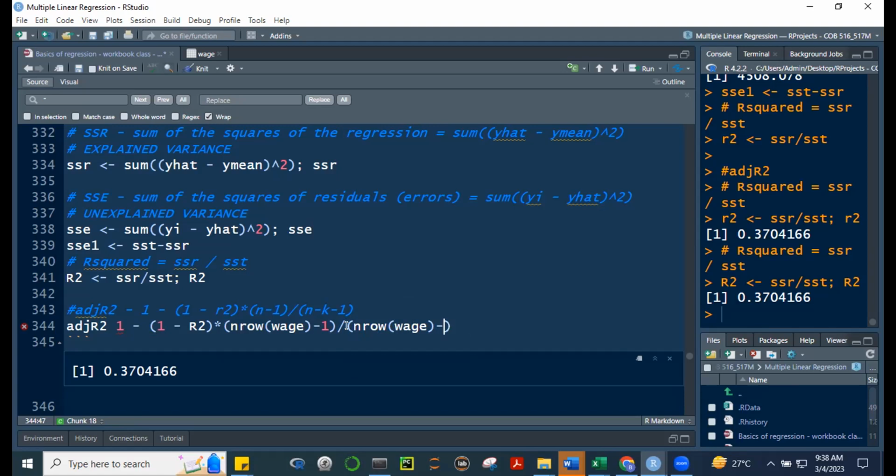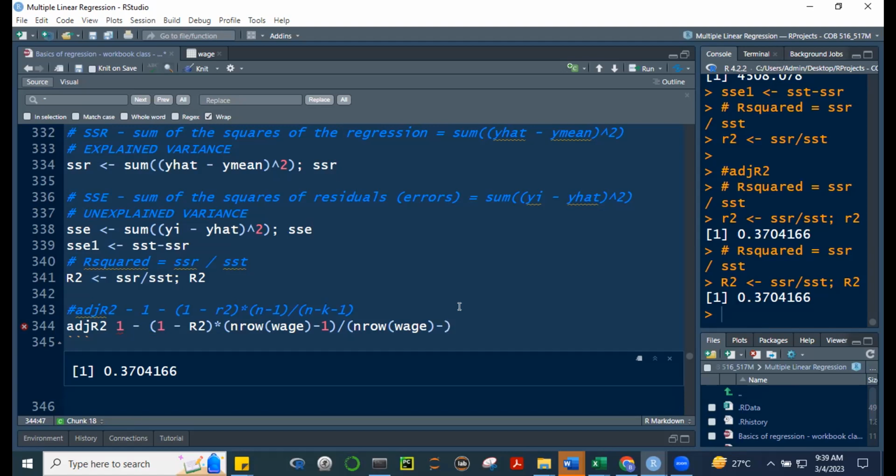So that's okay. I'm almost tempted to write 7 here, but it's not good practice, class. So how do we get the number of K, the predictors? Can somebody suggest? I'm writing here good practice as far as coding in R is concerned. Because I could have used 7 minus 1.